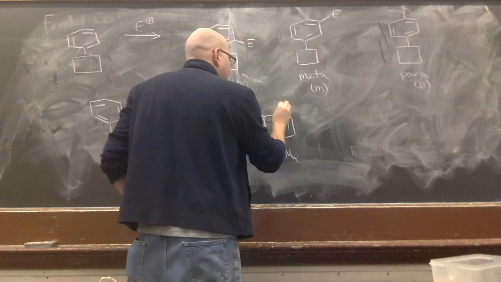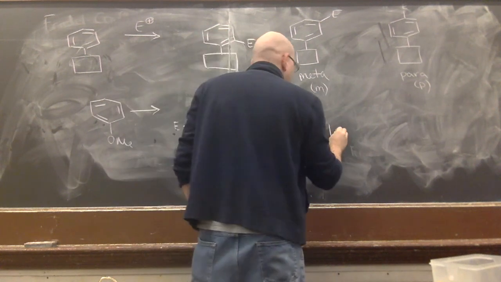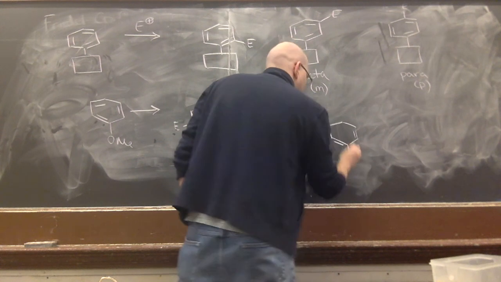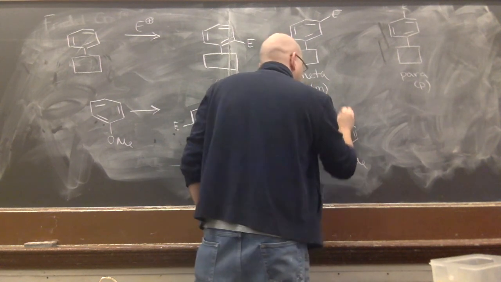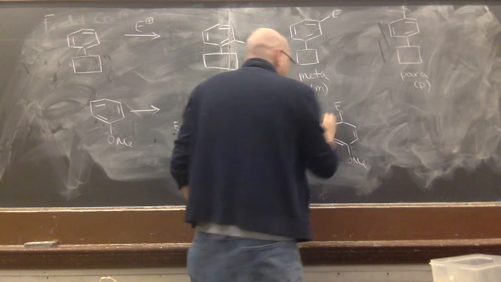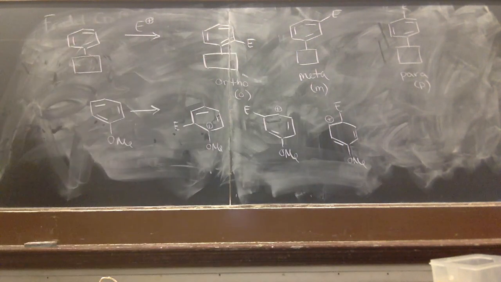It's going to be here. And likewise, if I put that group at that position, it's going to be like that. So these are the intermediate carbocations that we can draw.